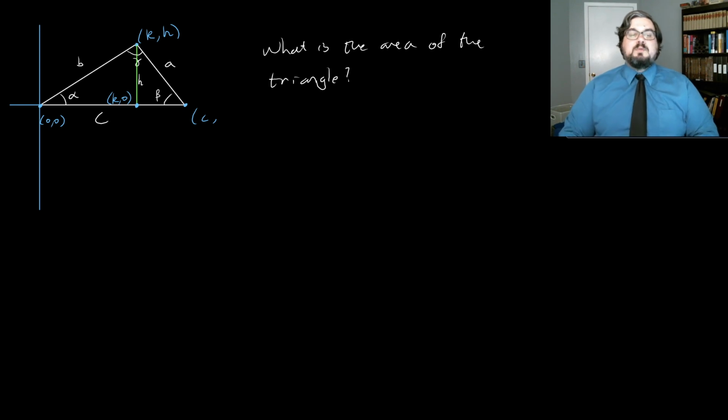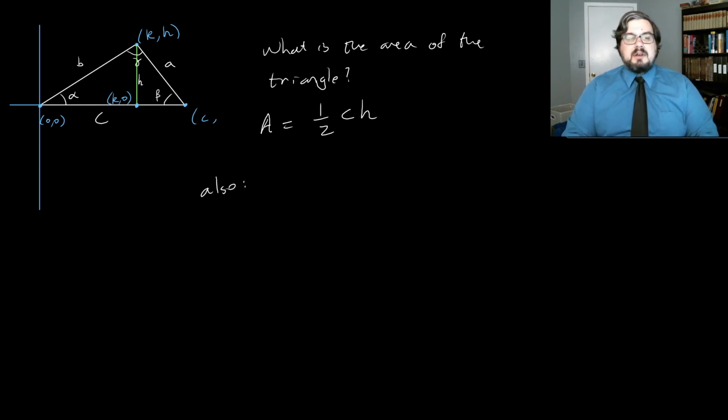Well, of course, we know it's 1/2 base times height. And there are a number of ways of measuring that, but you'll notice we already have a height of the triangle that's been laid out. So let's go ahead and use that. We know that the area of the triangle is going to be 1/2. Now the base of this triangle is c, the way that we've drawn it out here, and the height would be h. But the height here can be expressed a different way.